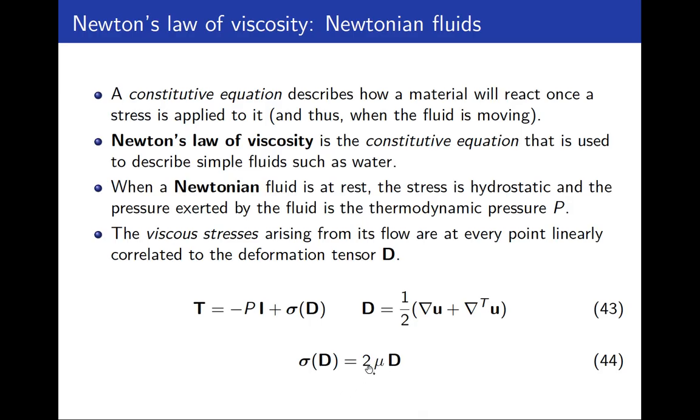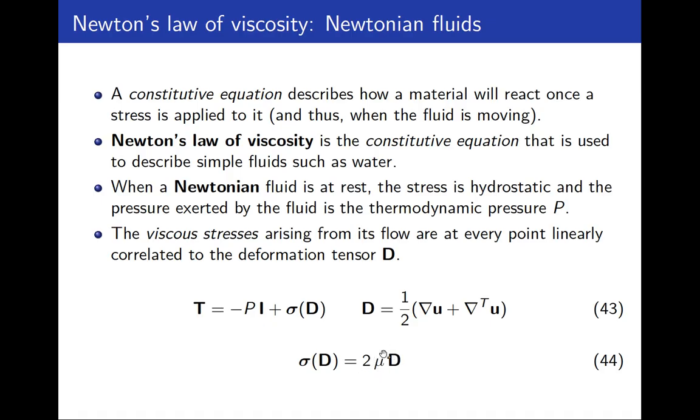So we have a constant, which is known as the viscosity, and then we have another tensor, known as the deformation tensor, which can be calculated simply as the sum of the velocity gradient and the transpose of the velocity gradient, divided by 2.